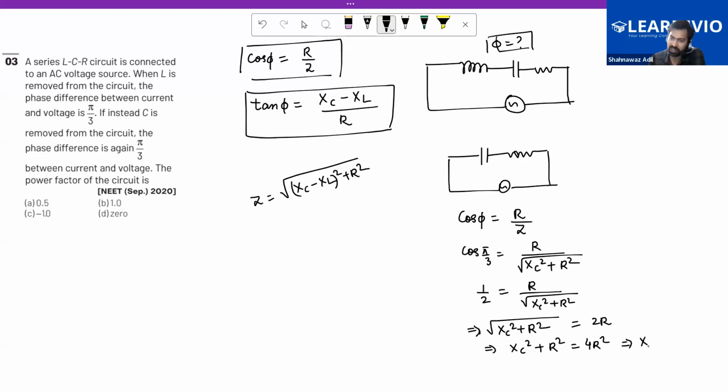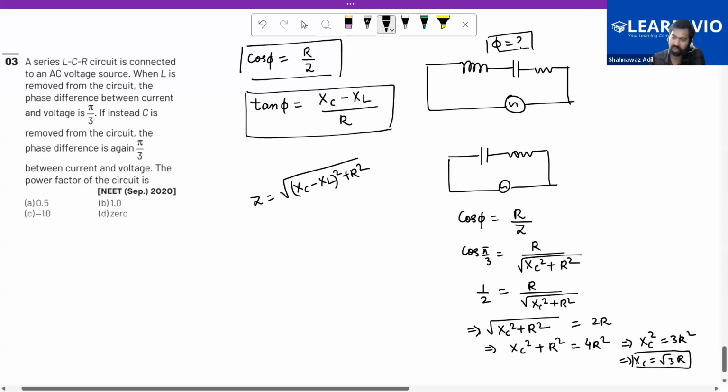So XC squared is 3R squared. So XC is root 3 R, right?